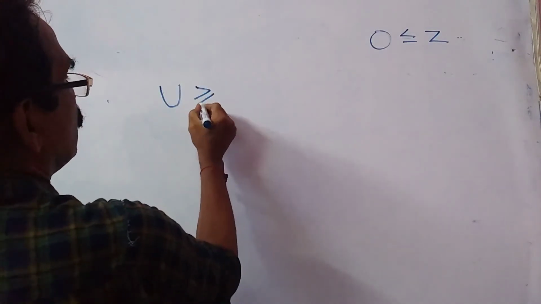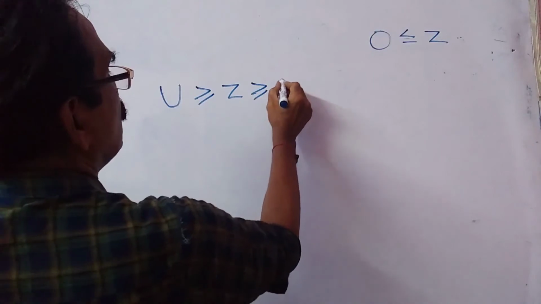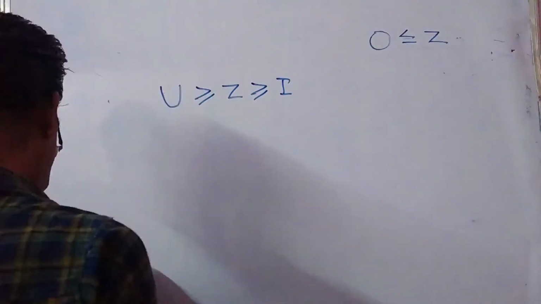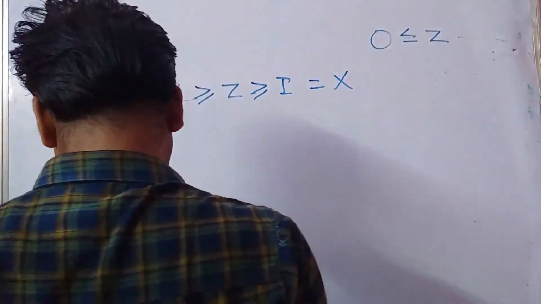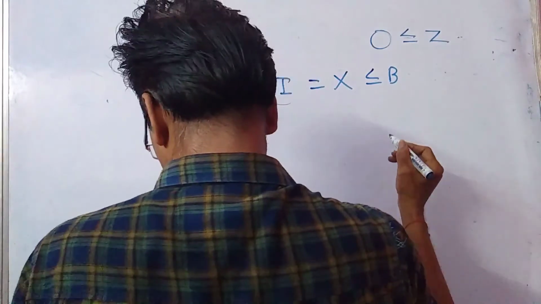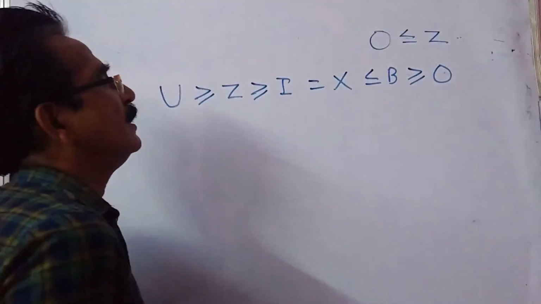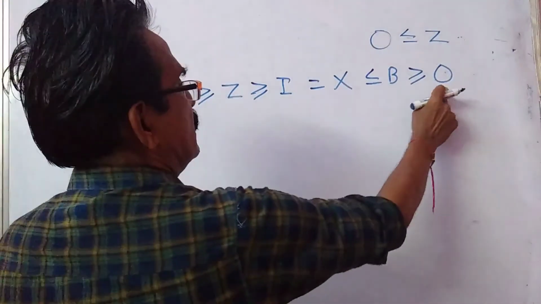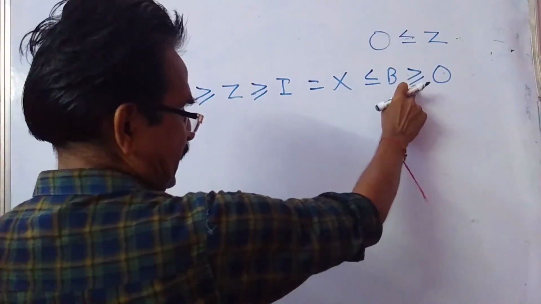U greater than or equal to Z greater than or equal to I is equal to X less than or equal to B greater than or equal to O. So between O and Z, there are opposite inequalities.